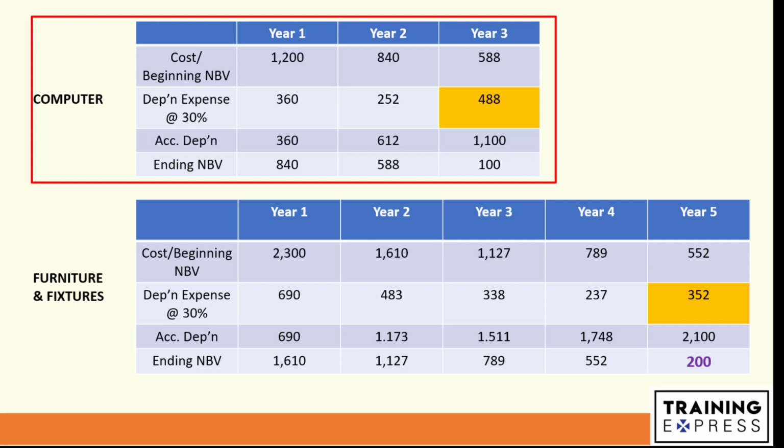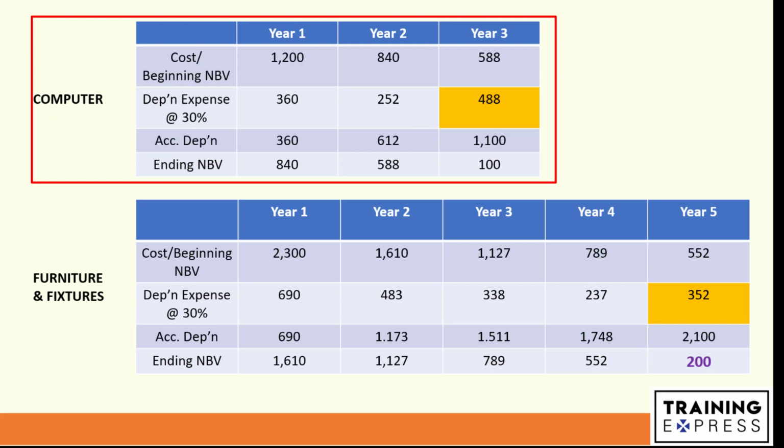So accumulated depreciation now will be prior year depreciation plus this year depreciation, and that will be 612. And our net book value at the end of the year will be cost minus accumulated depreciation, and that is equal to $588.